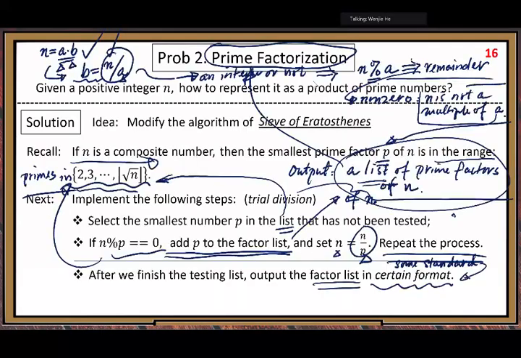Before I go to the next slide, let me give you an example. Greatest common divisor. When people find the greatest common divisor of two numbers m and n, we know we can do prime factorization of m and n, right?